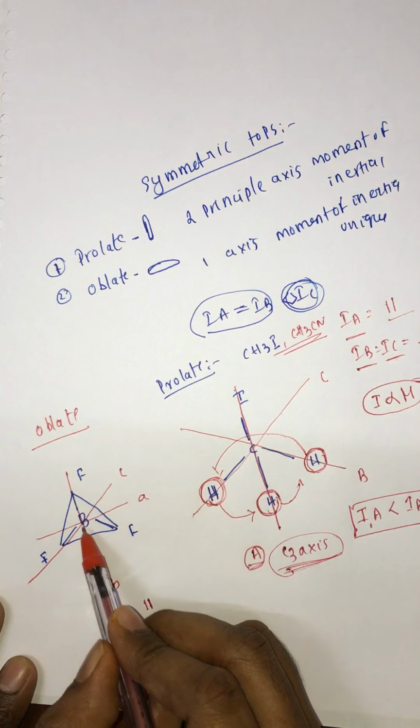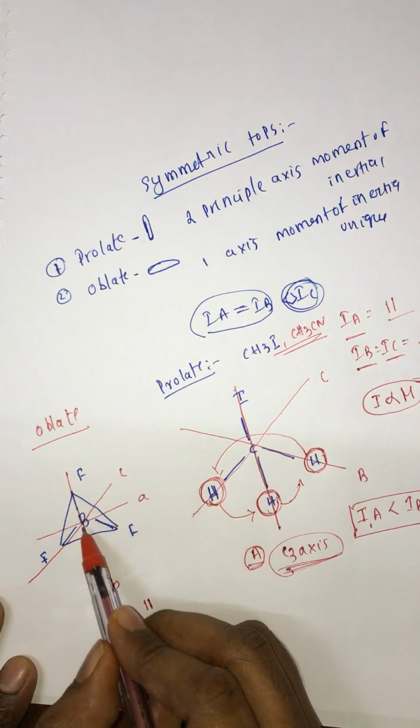Examples for this kind of asymmetric top molecules are the C3 point group, V shape, T shape, and these come under asymmetric top molecules. Like the water molecule comes under asymmetric top, and T shape means this kind.